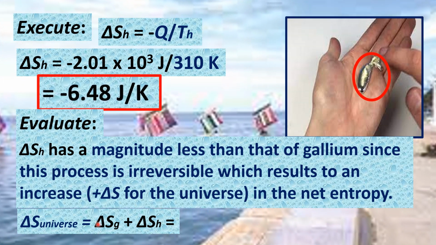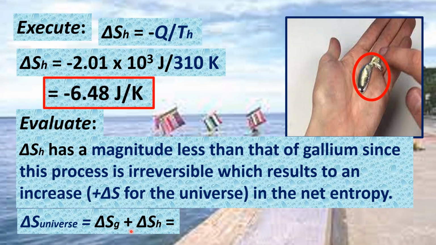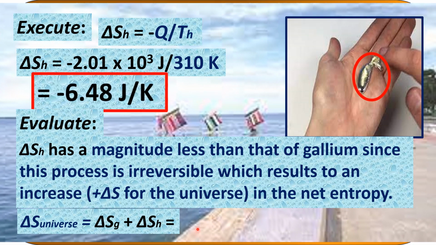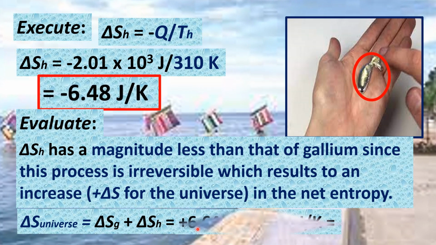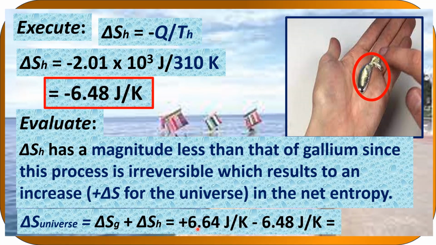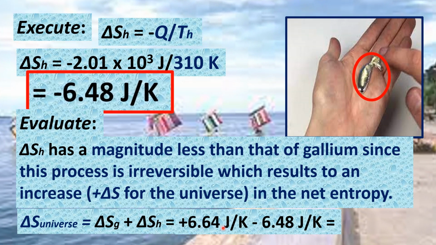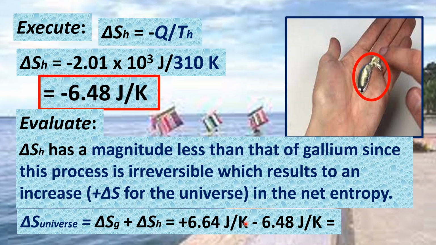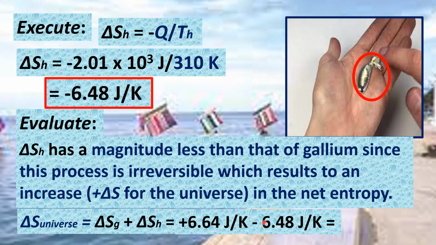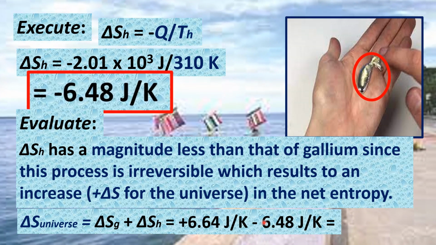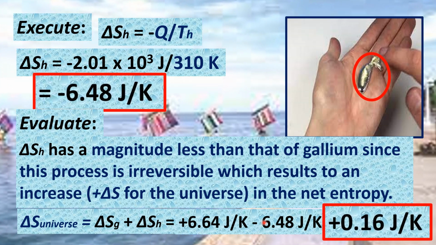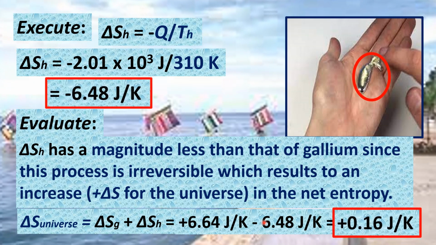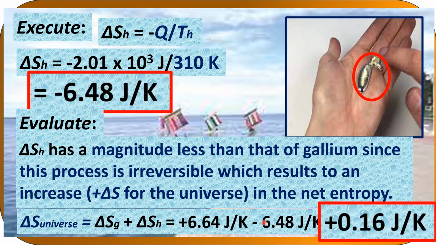So if you add the two changes in entropy, for the gallium metal it is positive 6.64 joules per Kelvin, and for the hand it is negative 6.48 joules per Kelvin, which gives us the sum of positive 0.16 joules per Kelvin.